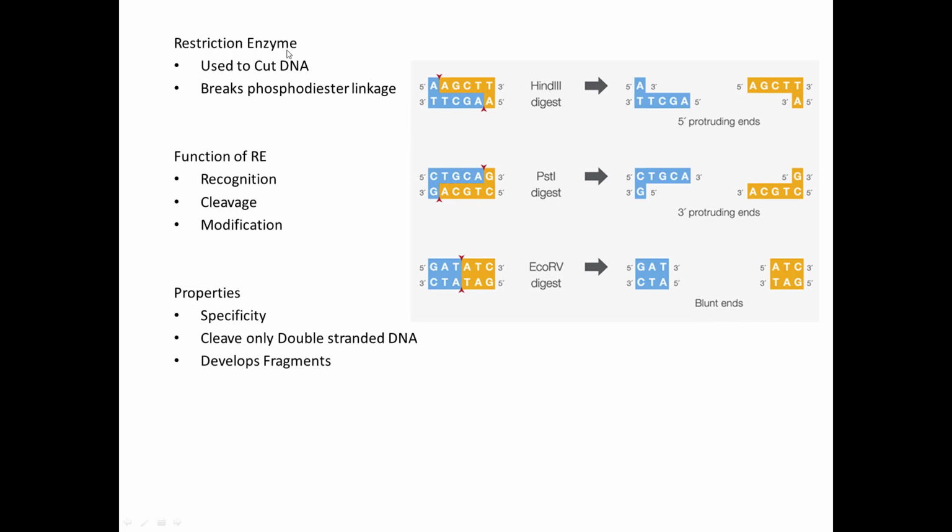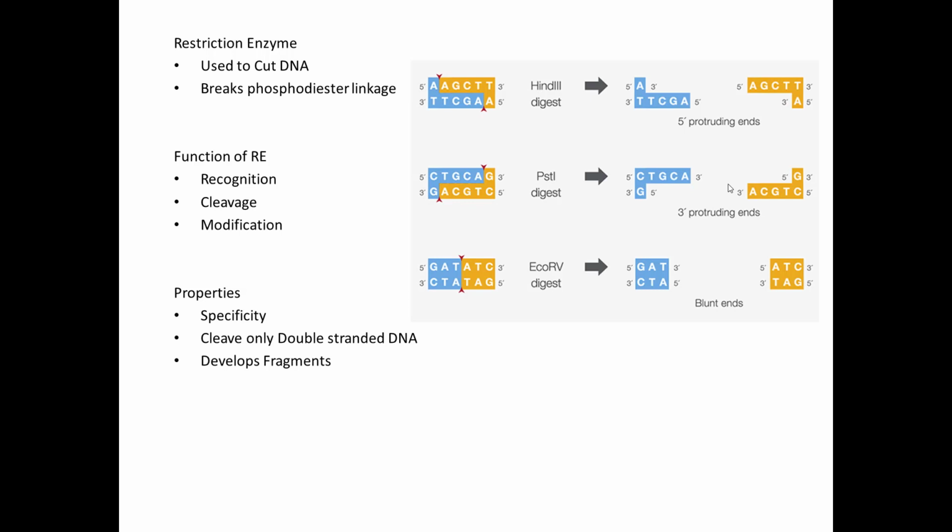Actually, there are generally two types of cutting of the sequence, that is the blunt end or the protruding end, which we also know as the sticky end. And generally the restriction enzyme breaks the phosphodiester bond present in the nucleotide sequence, forming the blunt or the sticky ends.